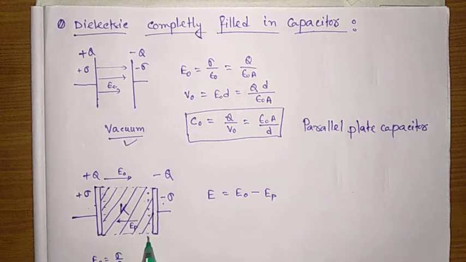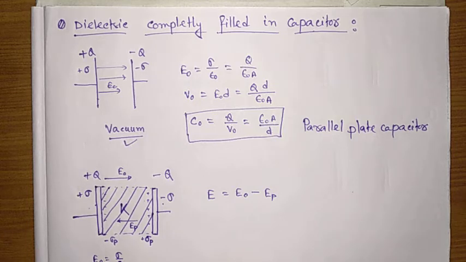Consider this as plus sigma P, the polarization charge density, and this as negative sigma P. Now E naught is sigma by epsilon naught, and EP, the electric field due to polarization, is sigma P by epsilon naught.